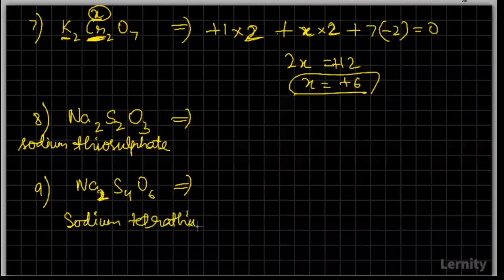tetrathionate. Good. So your question is you have to calculate the oxidation number of sulfur in these two. Most of you have answered it correctly again. Hopefully you have not used the internet and then answered all this. Anyway, just make sure that you are learning.